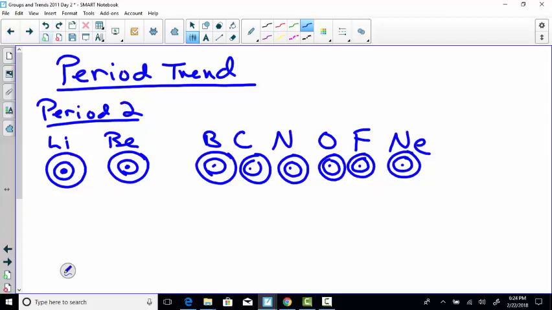Because one of the things that happens as you go across these is we tend to start adding more electrons. So lithium has 1 electron, beryllium has 2 electrons, boron 3, carbon 4, nitrogen 5, oxygen 6, fluorine, I'm going to just put dots, 7 because I got really small here, and neon 8.